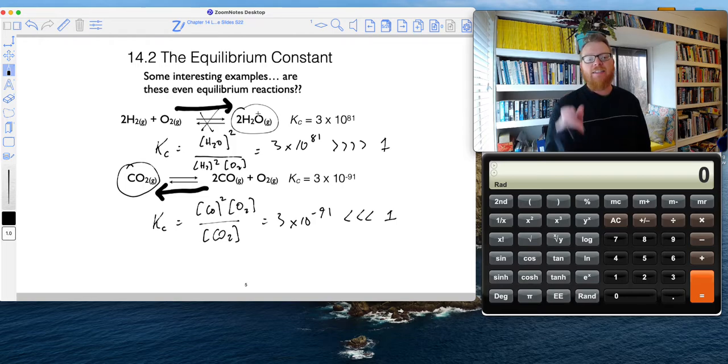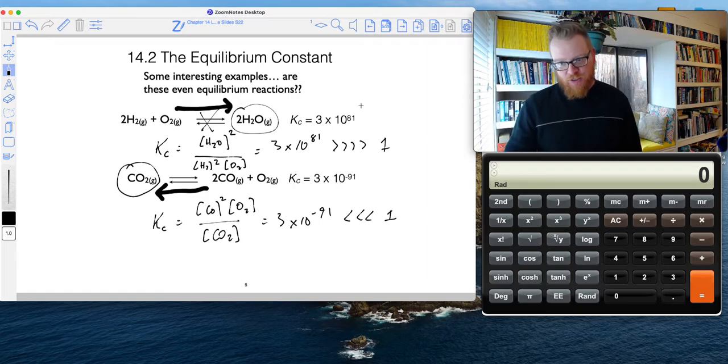How likely is it that H2O will go backwards into H2 and O2? And the answer is not very likely, because if I were to flip this reaction, then this equilibrium constant becomes 1/10 to the 81, which is a ridiculously small number.